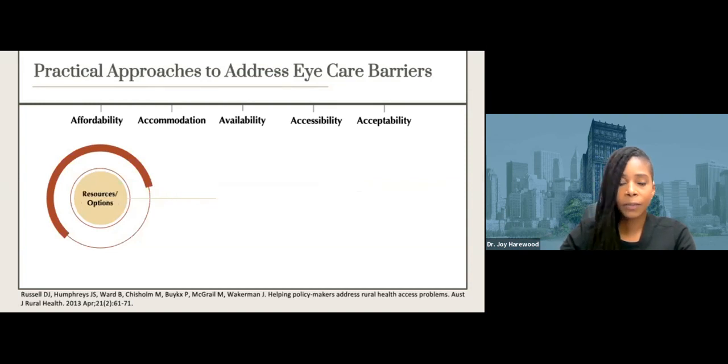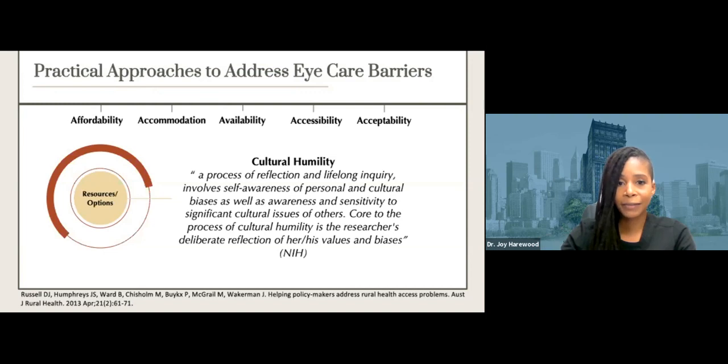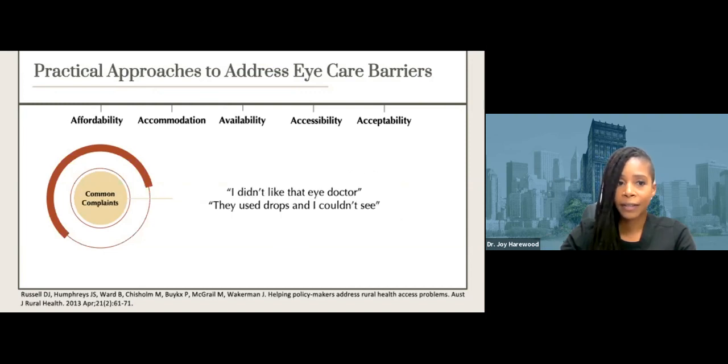All right, so some things that people might say is, I didn't like that eye doctor. They used drops and I couldn't see. They didn't tell me that they were going to put these drops in. In essence, what we're talking about here is the patient-provider relationship.